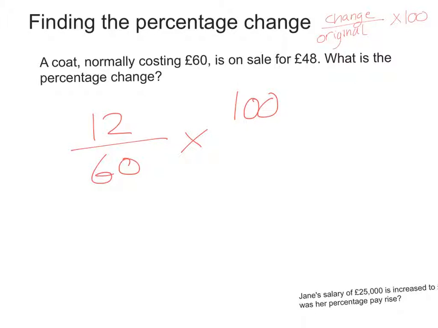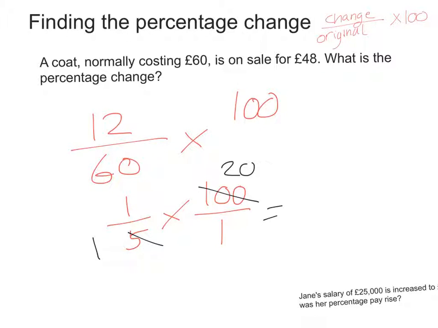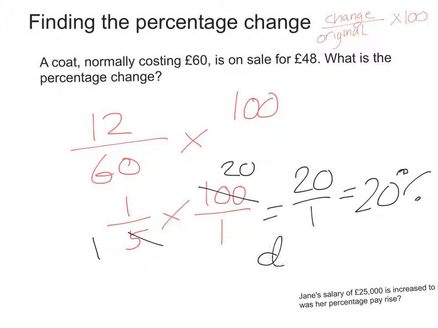Cancel that down as much as you can. 12 over 60 is 1 over 5 times 100 over 1. 5 and 100 cancel to 1 and 20, so we get 20 over 1, so 20%. And you should finish off by saying that that's a 20% decrease. So as well as giving the actual percentage, you should say whether it's gone up or gone down.